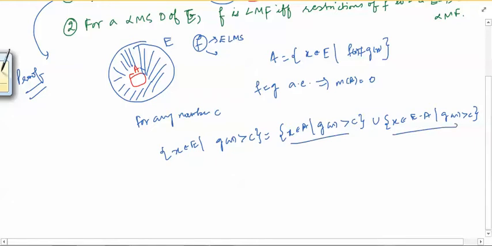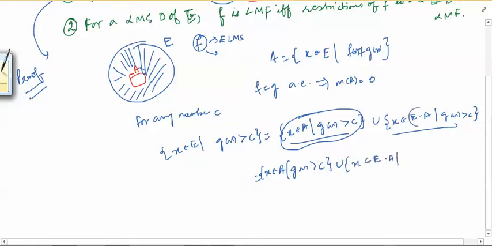Okay, now keep this part as such. This is equal to x belongs to A such that g of x is greater than C, union with, on this set x belongs to E minus A, f and g are equal, so I can replace g with f.